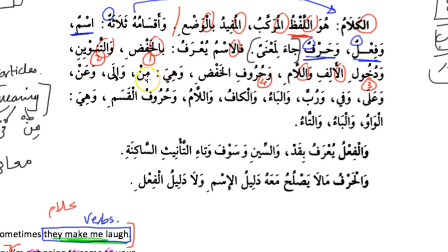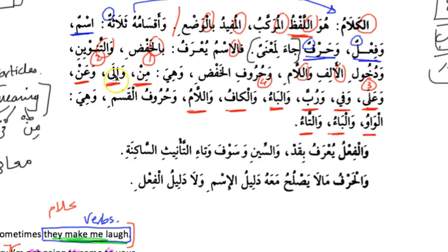Okay, he says the prepositions are min, ila, an, ala, fi, rubba, ba, kaf, lam. And huruf al-qasam, which are 3 types, waw, ba, and ta. So these are some of them. These aren't all of them. These are most of them.